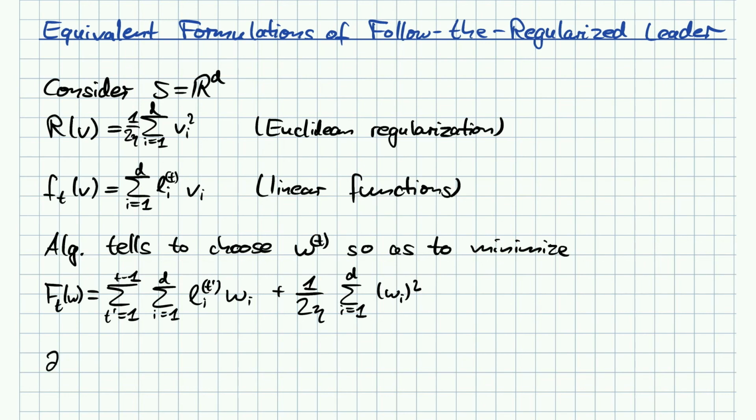Now what if you take the partial derivative by w_i? Here you're always getting the ith component, and then in the second part you're getting only 1 over eta times w_i.